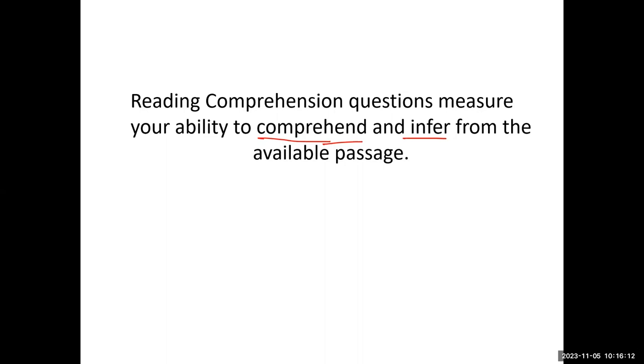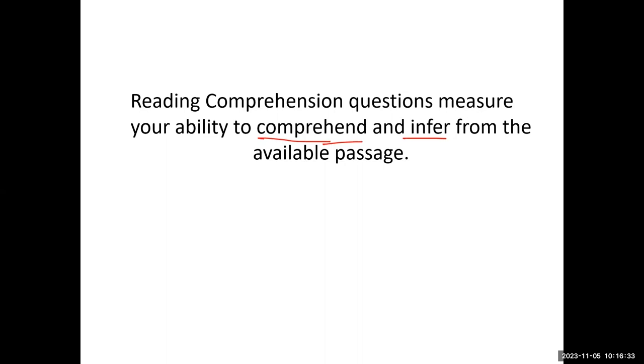But the second thing that you have to do is that you are also required to infer from the available passage. Now, infer means that you have to understand even those things that are not written in the passage. And that is what makes it a little bit complex. So you have to do both. You have to comprehend as well as infer from the available passage.